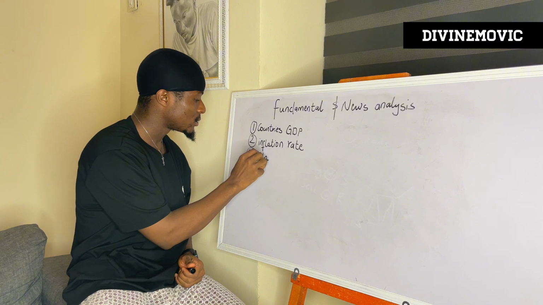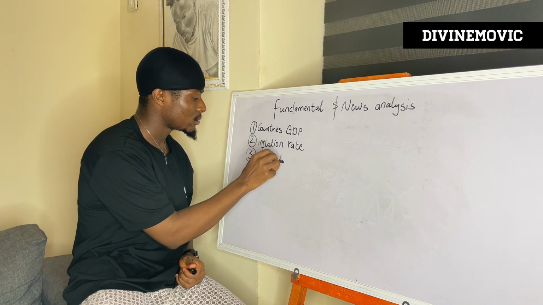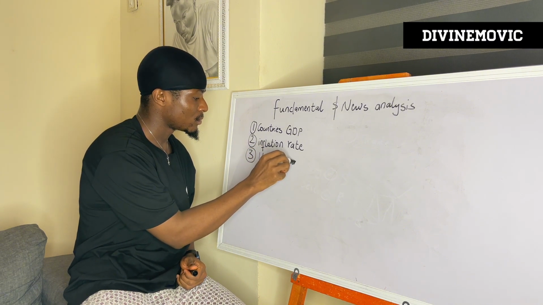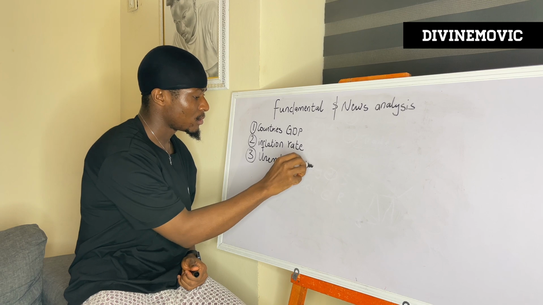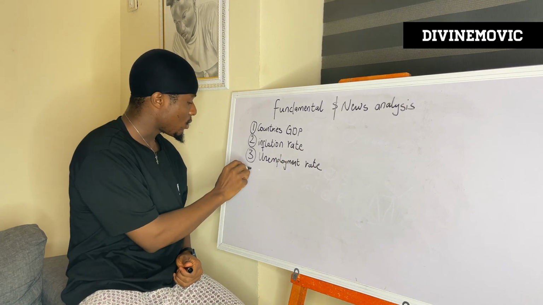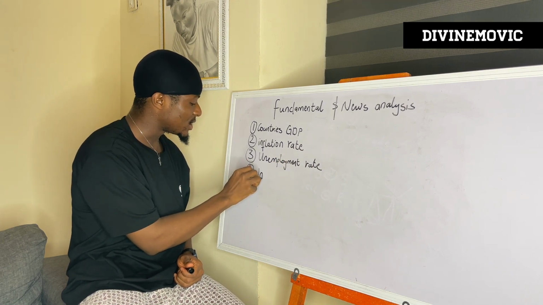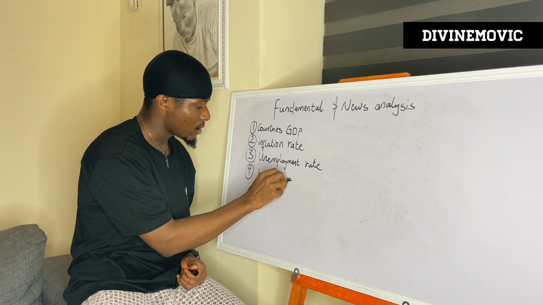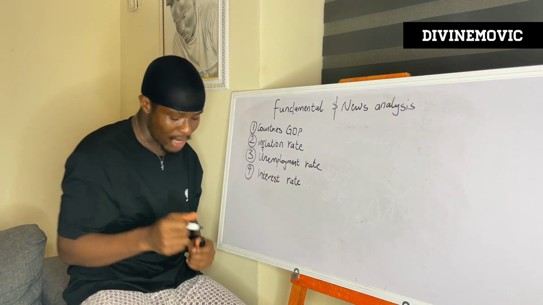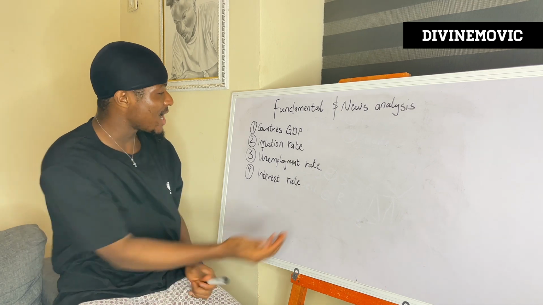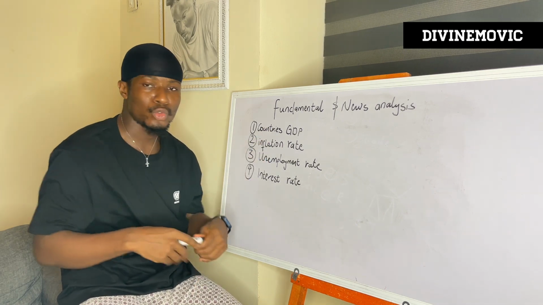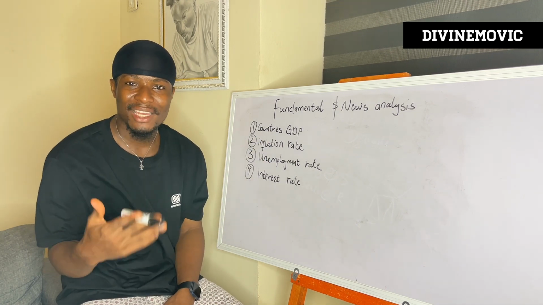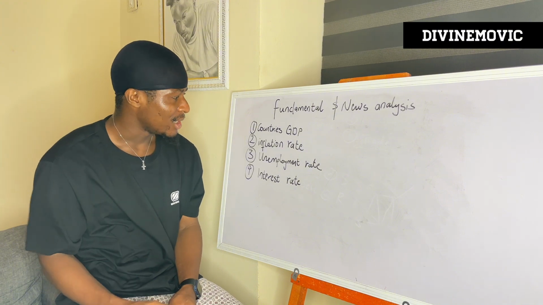Unemployment rate. 4. Interest rates. That means you're simply using these economic data to understand where price is likely to go.